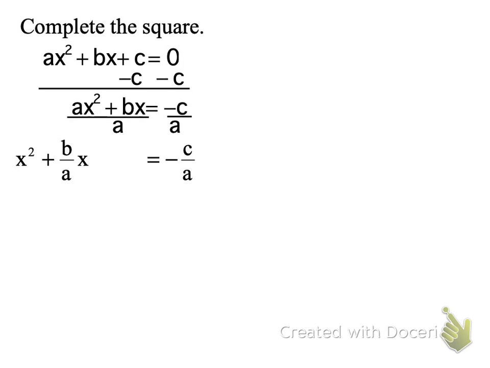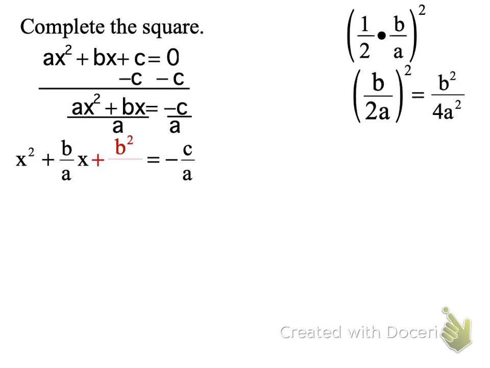Now, off on the side, somewhere away from your problem, we have to take b over a, don't we? And divide it by 2, which is really multiplying by a half, and then we square it. So it becomes b squared over 4a squared. And I'm adding that to both sides. Okay, now for the next step, I'm just going to exchange these two terms, I'm going to switch their places.